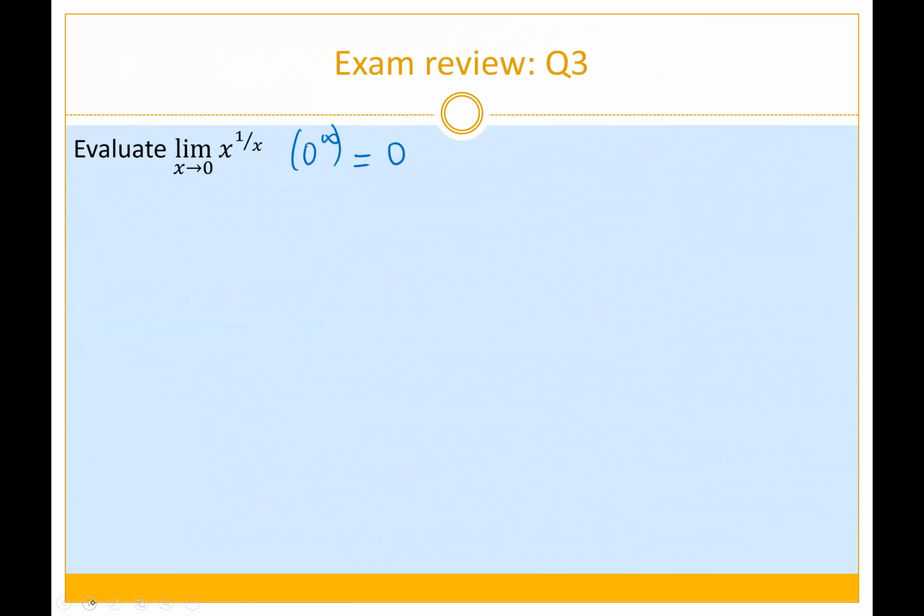That's why I tell you guys that you always have to check these expressions. Now let's go to the next one, question 4. This is an improper integral, and if you look at the denominator of this fraction, there is a discontinuity at x equals -1.